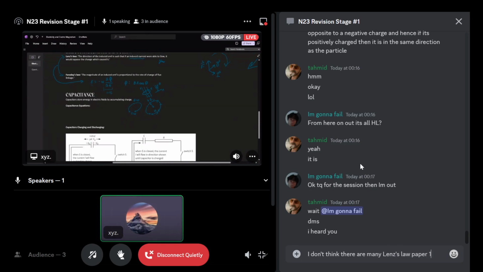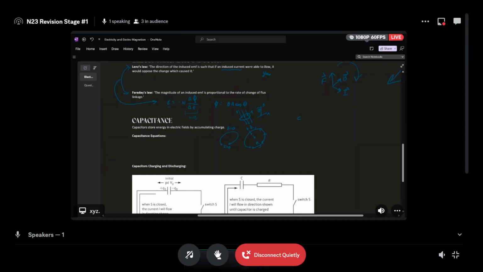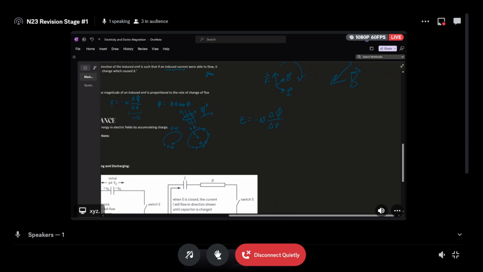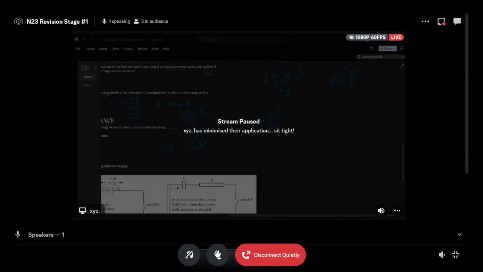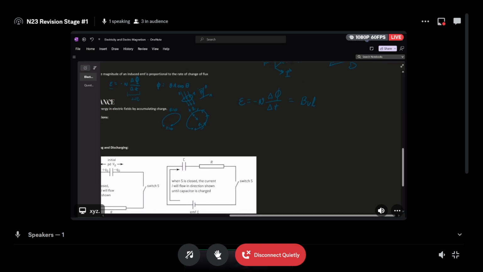We still have more equations to go through. But essentially this equation, E equals minus n delta phi over delta t, can be rewritten in many forms. So the first form is BvL.